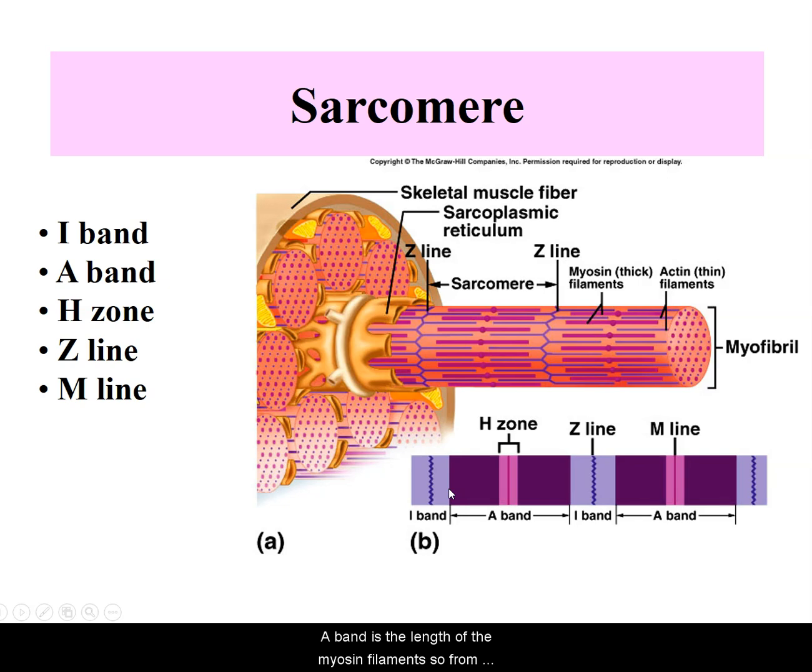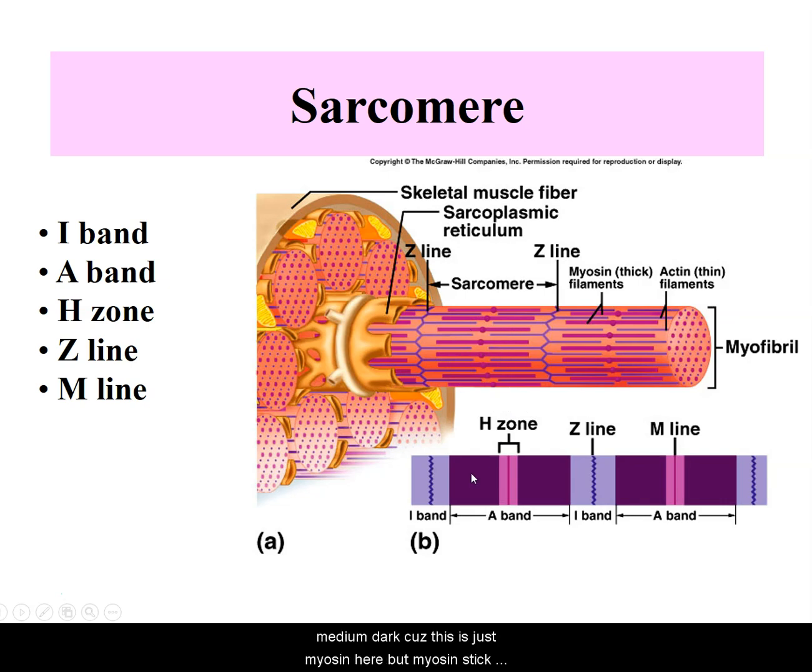Now, the A band is the length of the myosin filament. So from here to here is going to be the A band. From one end of the myosin to the other end of the myosin is the A band. So the A band is actually going to have a dark area, medium dark, and then dark again.